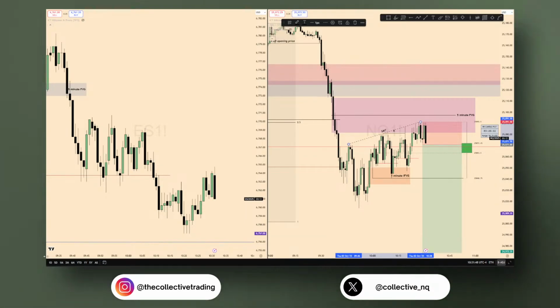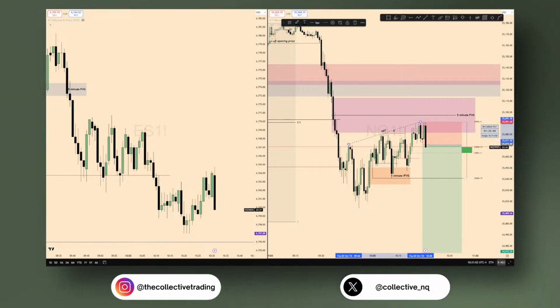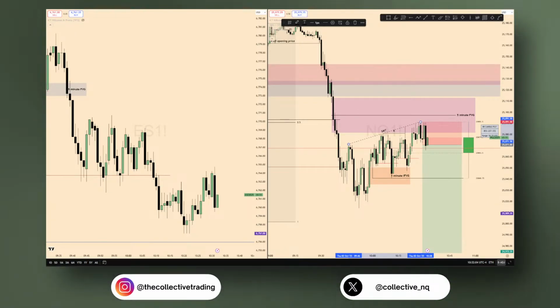Okay, boys, we're getting some movement. We want a little bit of aggression that would kind of confirm some down movement here. I mean, we're getting something. There's that 1-minute change in state and inversion. I'm waiting for that 5-minute, I think. It's just cleaner.